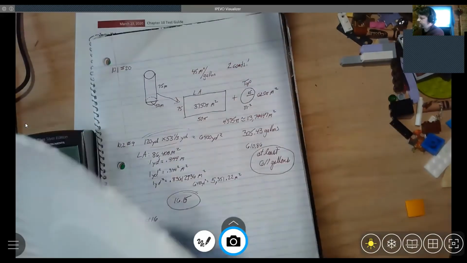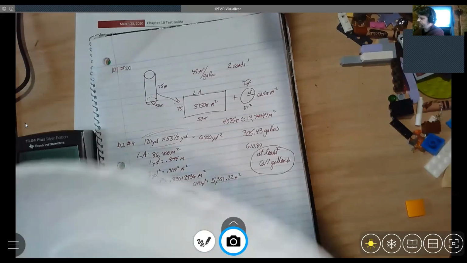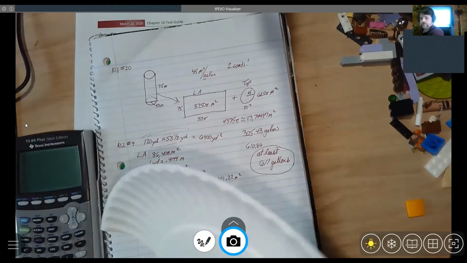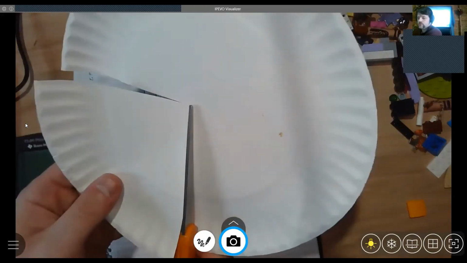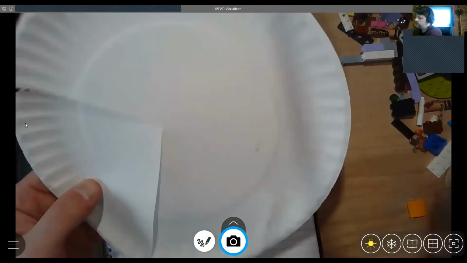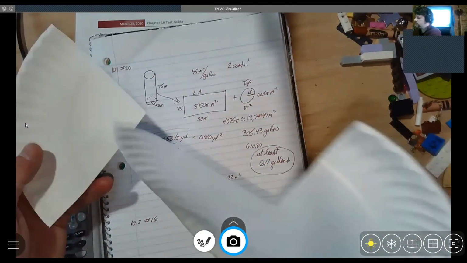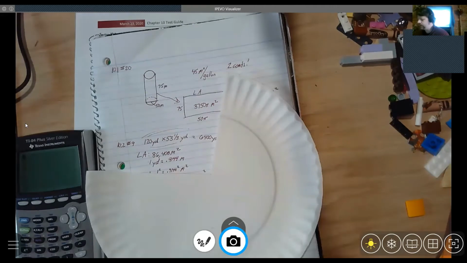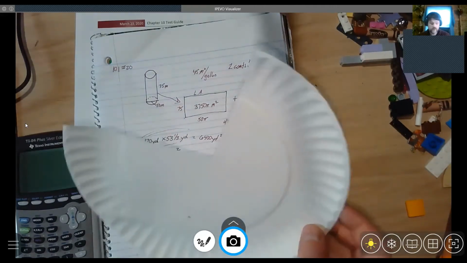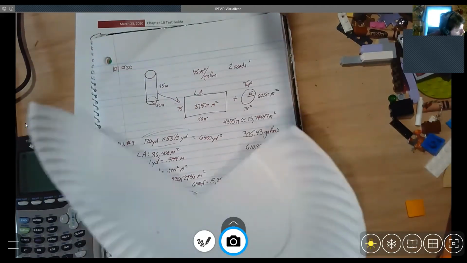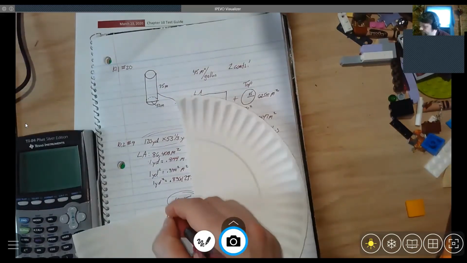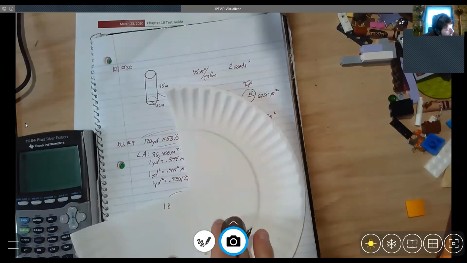We'll cut out my 90 degrees here, approximately. Might be a tad more than 90, but we're going to say that was 90 degrees, and it has a radius of 18. Find the area of the shaded region.